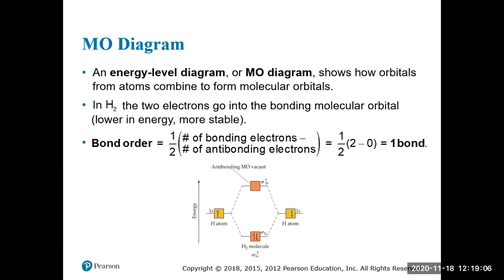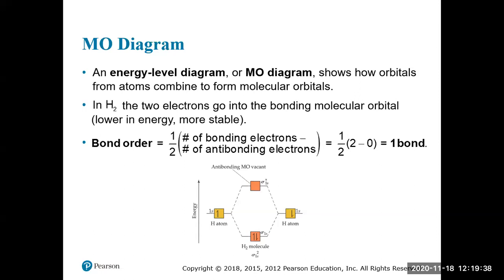So we fill in the bonding one, that's the 2 electrons you see there in that sigma 1s level. And so we can calculate something called a bond order. The bond order needs to be a number like 1 or 2, or we don't have a stable molecule. The way we calculate that bond order is we take the number of bonding electrons, in this case 2, minus the number of anti-bonding electrons.